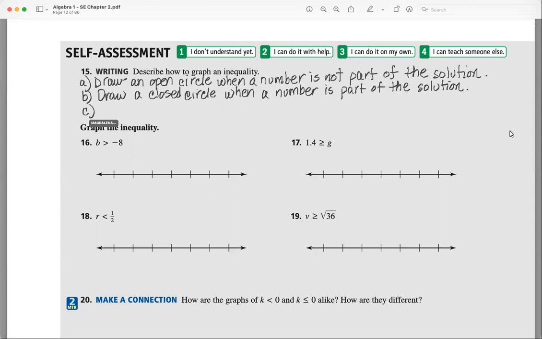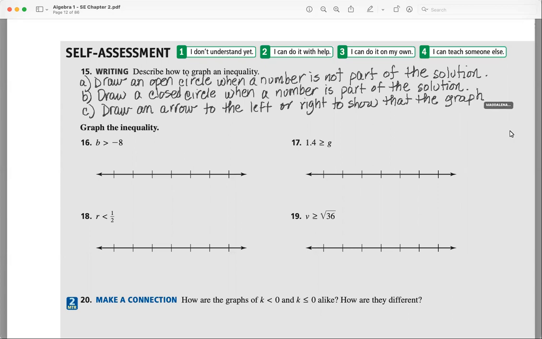And part C, we're going to draw an arrow to the left or right to show that the graph continues in that direction.